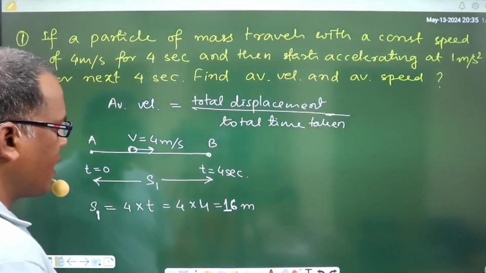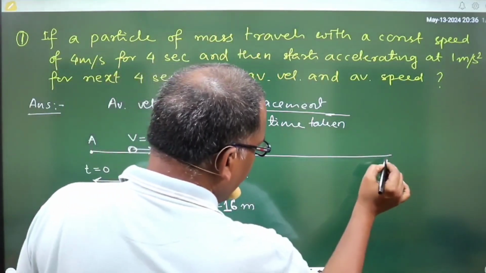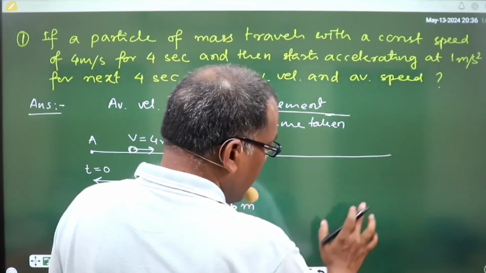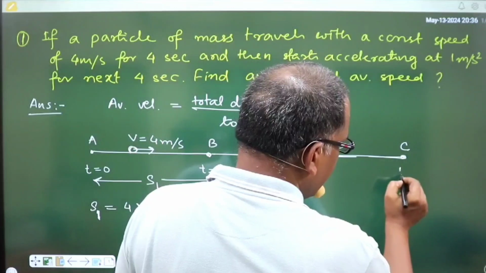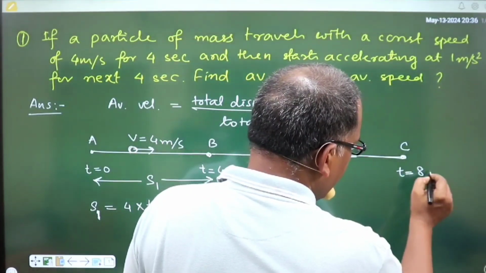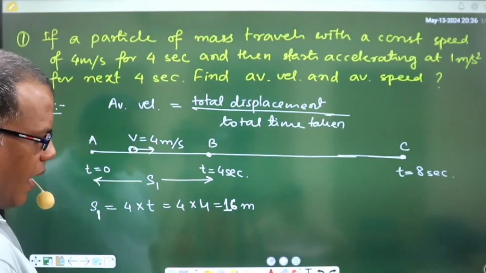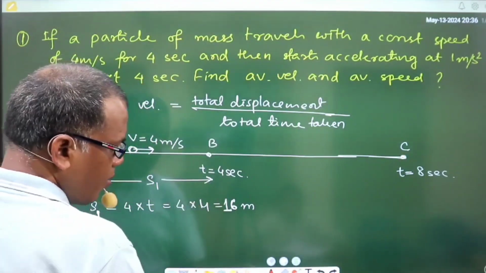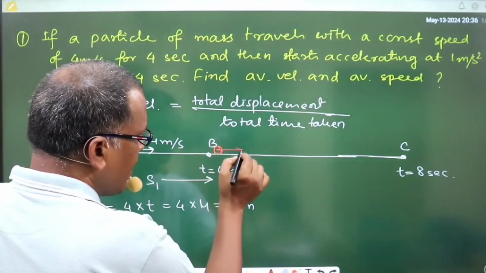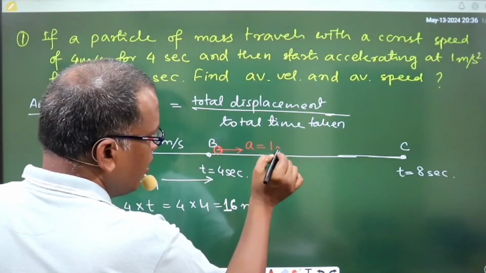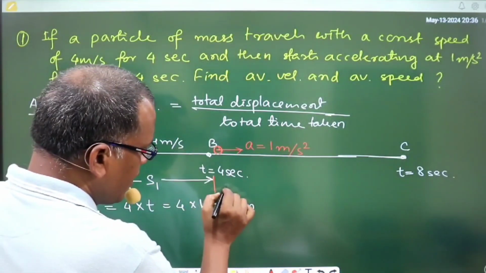In the next phase it is accelerating. That means from B, that is t equal to 4 seconds onwards, in the next 4 seconds it reaches somewhere C. This is at t equal to 8 seconds from the beginning. So the next phase of the journey is B to C, and this is performed under constant acceleration of 1 meter per second square.